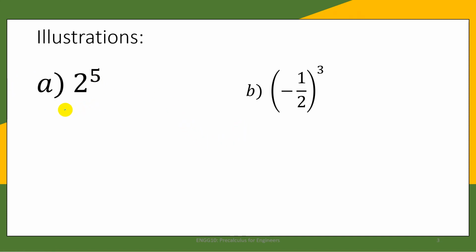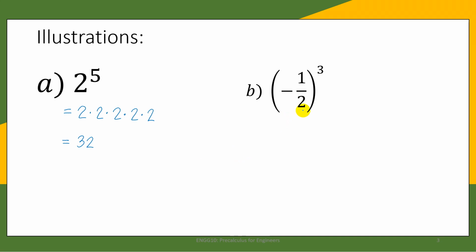That is 2 times 2 times 2 times 2 times 2. 2 times 2 is 4. 4 times 2 is 8, times 2 is 16, times 2 is 32. Therefore, 2 raised to 5 is equal to 32.